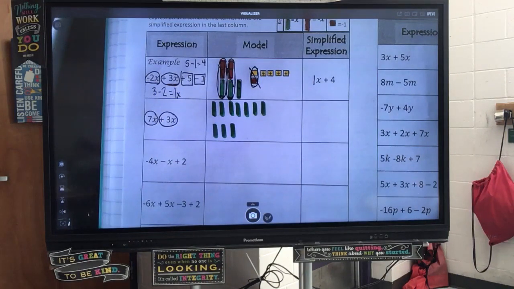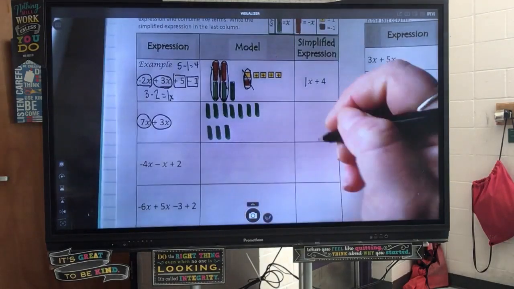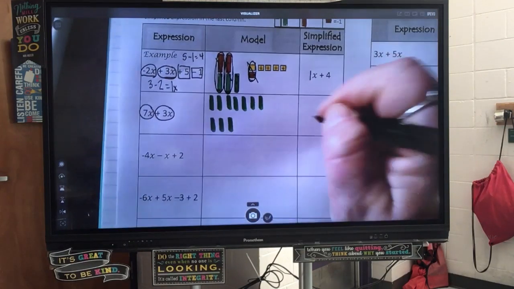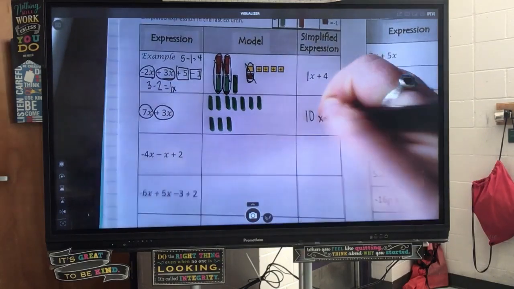Because there's no subtraction symbols. They're all positive. So we just technically do 7 plus 3, which gives us what? And then do we add our variable? Yes. So this equals 10x.